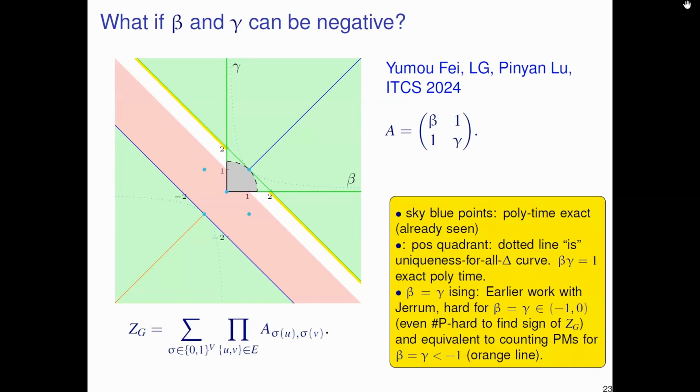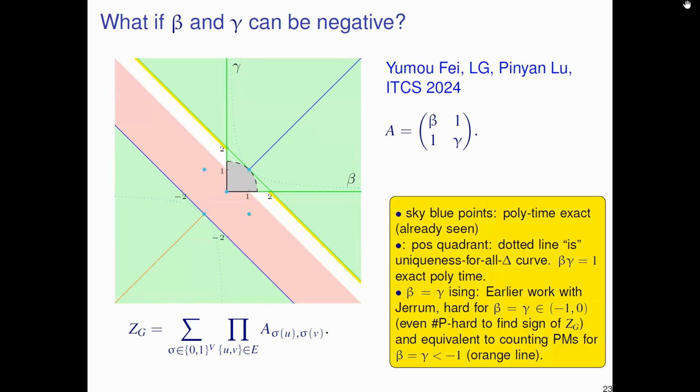But I'll tell you what we do know. You can see the upper quadrant there, which we've just talked about. You can see this beautiful little curve, which is just a cartoon of the uniqueness; it doesn't really look like that. This little dotted curve is uniqueness for all delta. You can maybe see the dotted beta gamma equals 1 hyperbola.